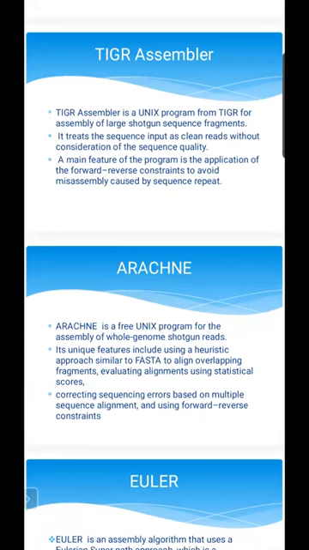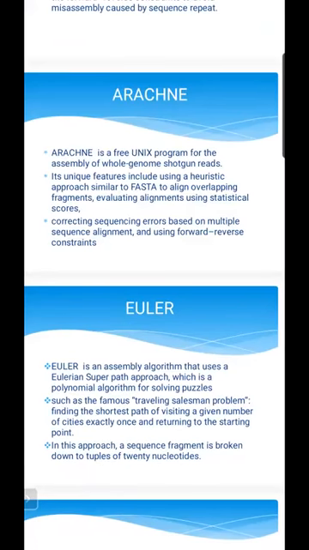Its unique features include using a heuristic approach similar to FASTA to align overlapping fragments, evaluating alignments using statistical scores, correcting sequencing errors based on multiple sequence alignment, and using forward-reverse constraints. It accepts base calls with associated quality scores assigned by PHRED as input and produces scaffolds of the assembled genome.